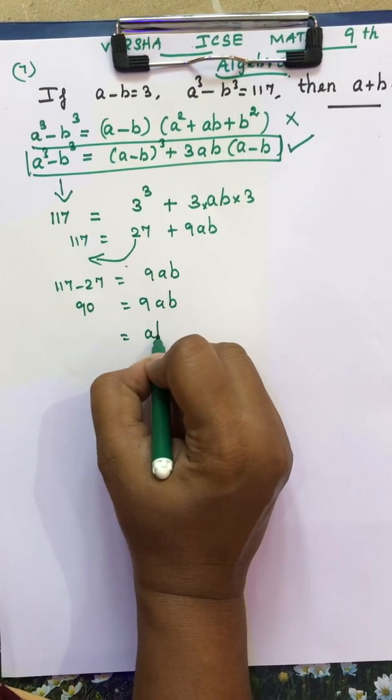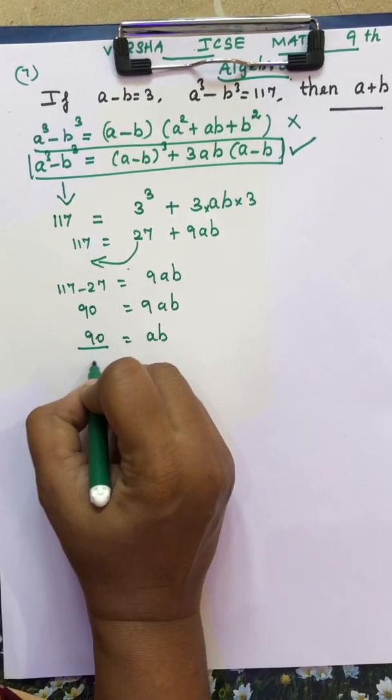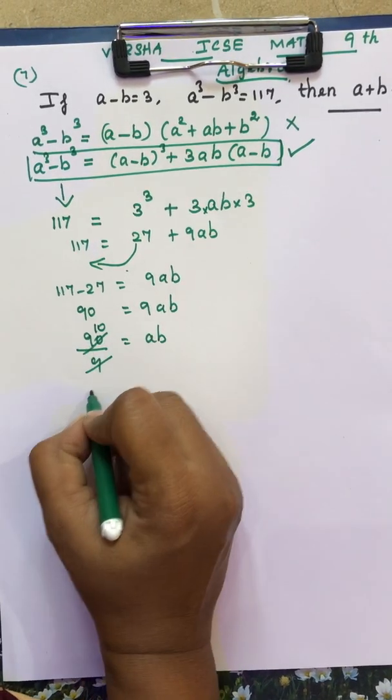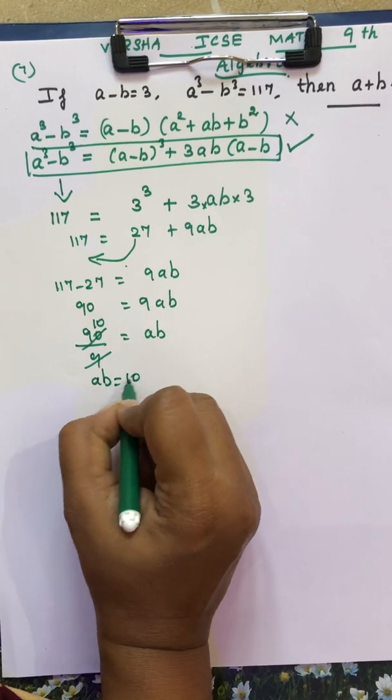So ab equals 90 divided by 9, so ab is equal to 10.